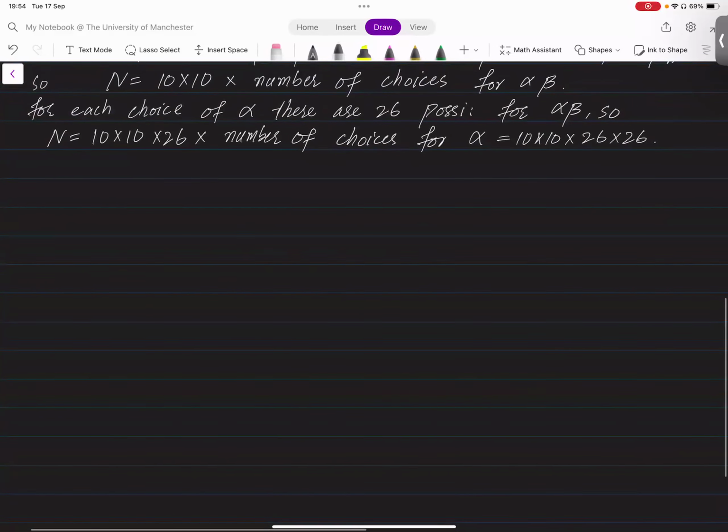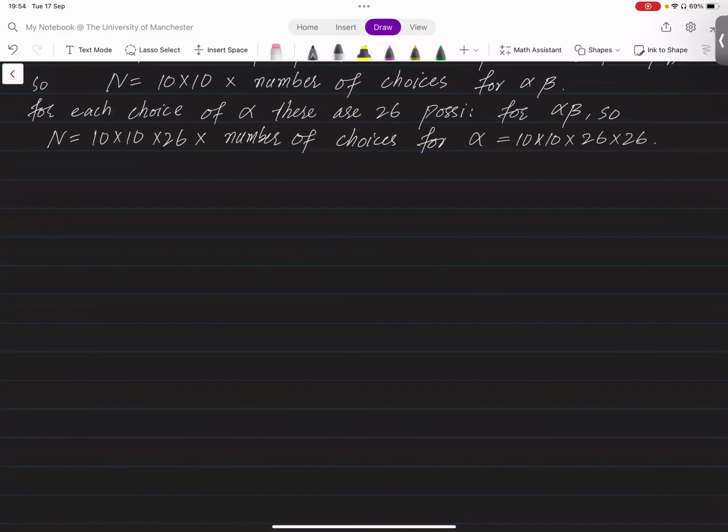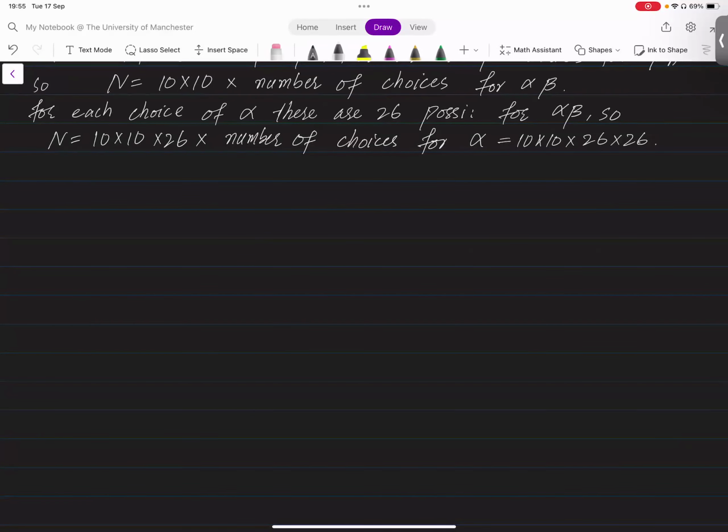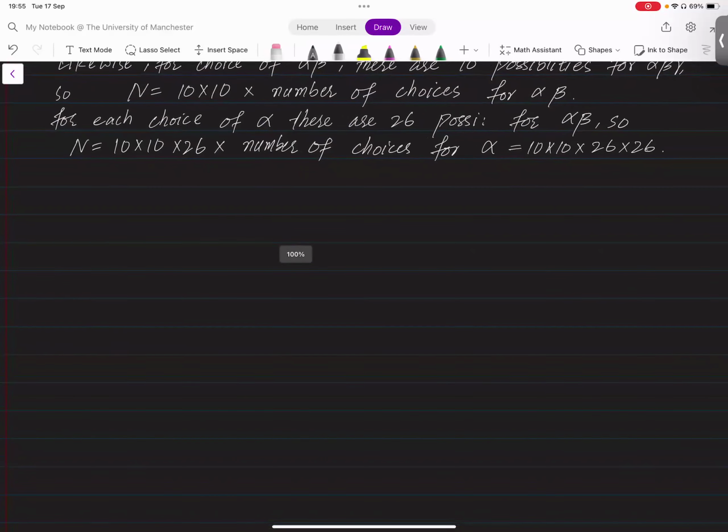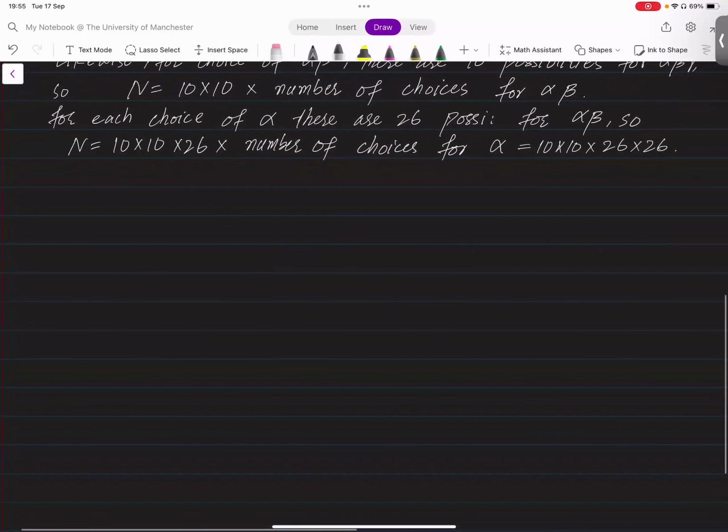Okay, perfect. Now the argument used in the above example is nothing but the following result, and we call it the multiplication principle.